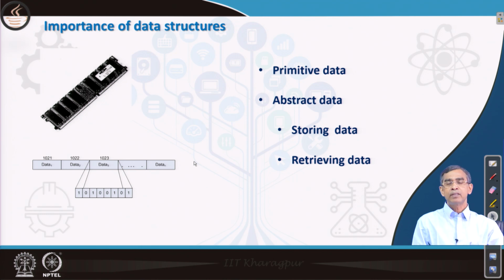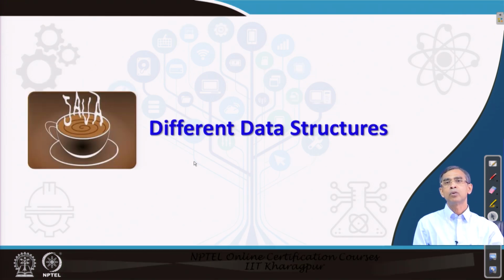So, defining the user's own data is advantageous as well as brings certain issues to the programmer: how all those data structures can be defined, and not only defined, how they can be stored, how they can be retrieved, and how the different operations can be performed on them. That is why specific study is required in order to know your data structures.